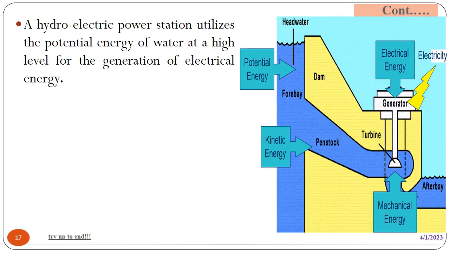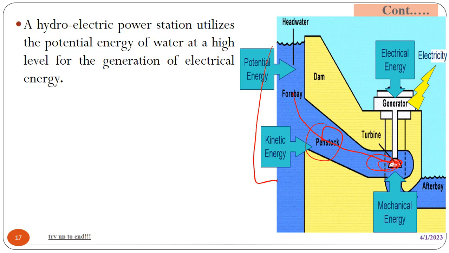Look at this one. A hydropower station utilizes the potential energy of water at a high level for generating electrical energy. There is a dam, this is the height, this is a penstock, and this is a turbine. Water comes through the penstock and hits the turbine, and the turbine rotates.